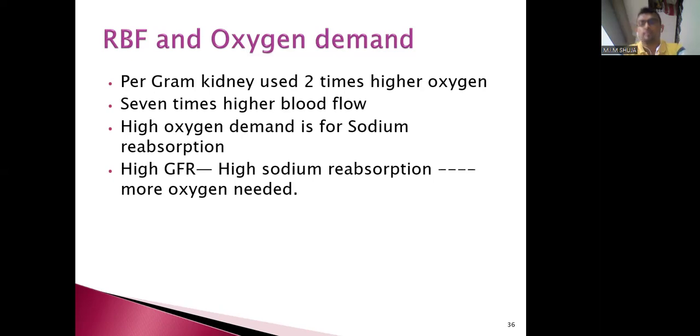Don't worry about the terms of the GFR reabsorption. We'll be dealing with that in depth in your renal physiology. Just know the percentage of renal blood flow is 22%. When there is more blood flow, more GFR, then more sodium reabsorption. We need more oxygen for that, because the sodium reabsorption is an active process.